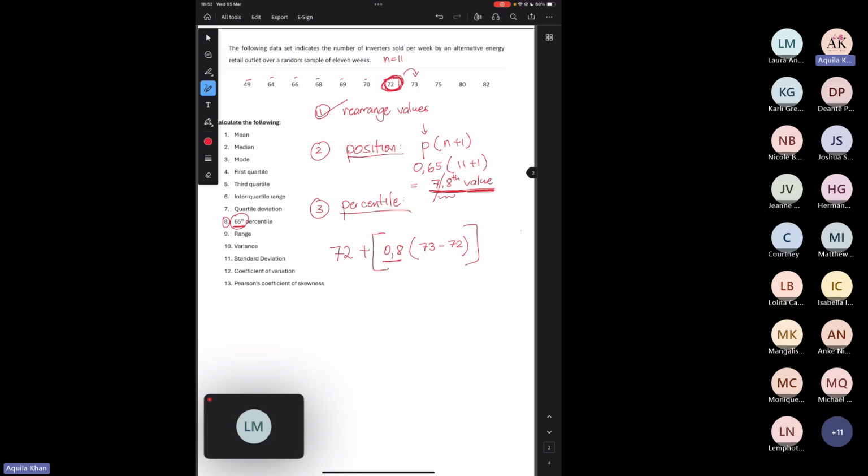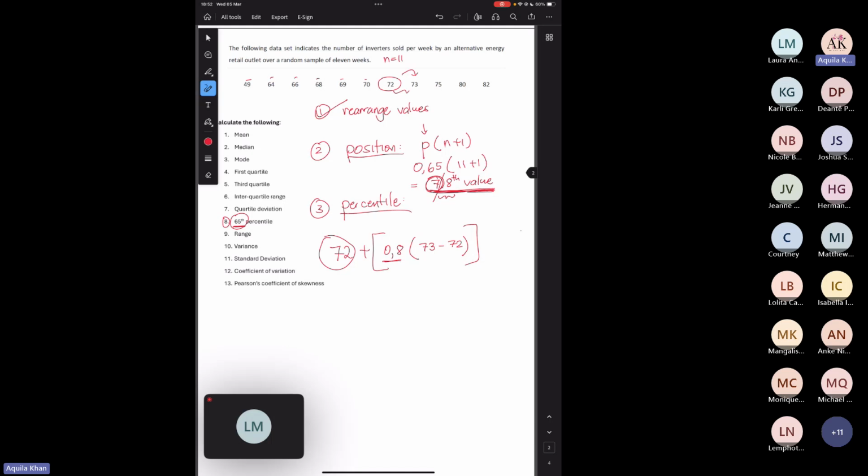And multiply this by the difference between that 7th value that you had used here, which was 72, in the data set, and the number after it.